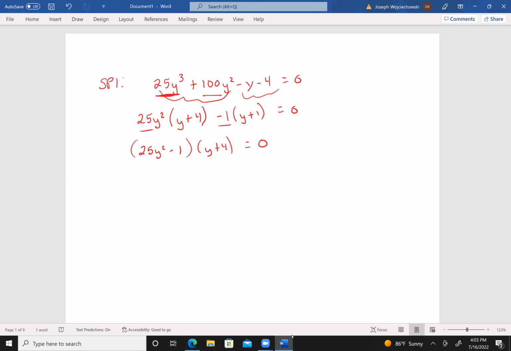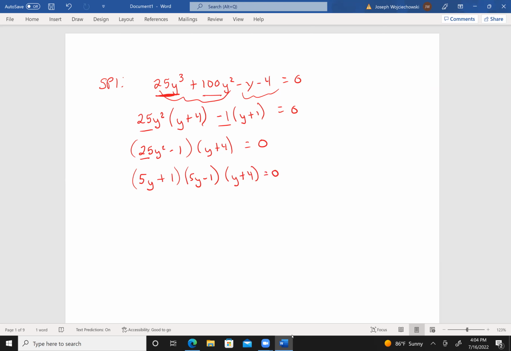Now I can factor this as well, since it's the difference of two perfect squares. The square root of 25 is 5, the square root of y squared is y, plus the square root of 1, which is 1, so 5y plus 1 times 5y minus 1 times y plus 4 equals 0.